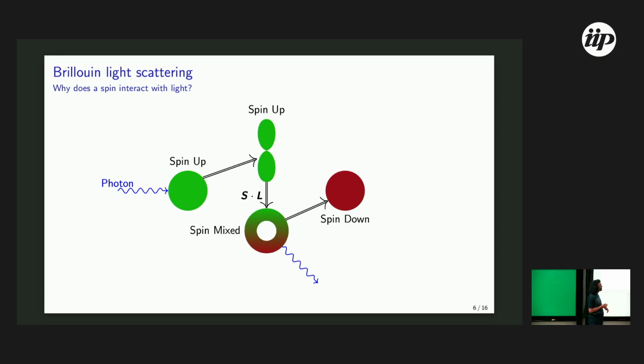It's not important where it goes, but the main point is there's a probability of the spin being flipped in this entire process. So if you squint your eyes and blur out all the internal parts, what's going on is that you have an incoming photon, then an outgoing photon, and the spin has flipped. That's the entire process.